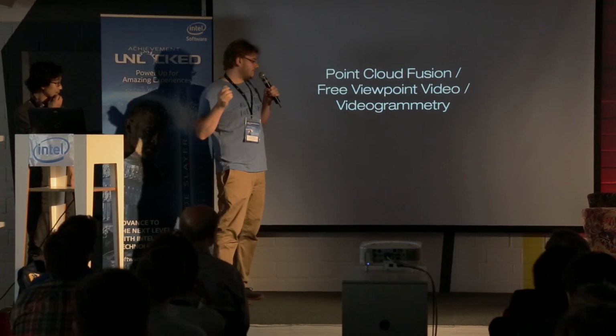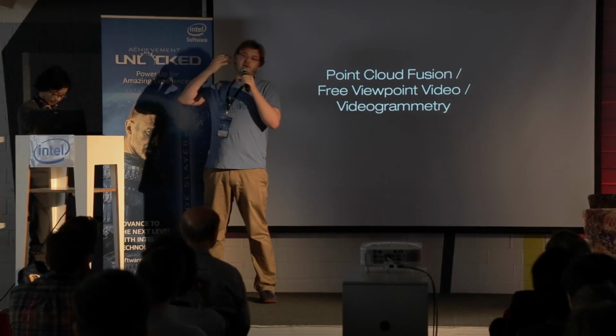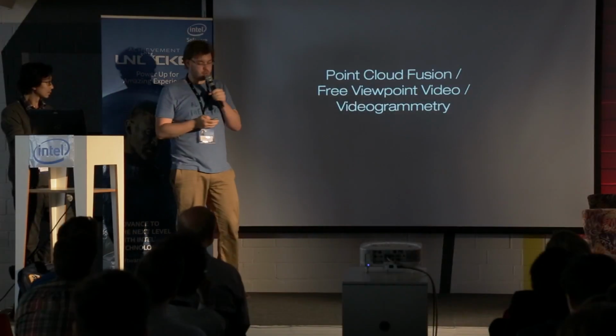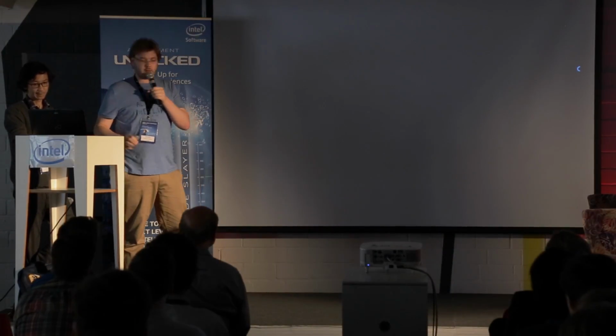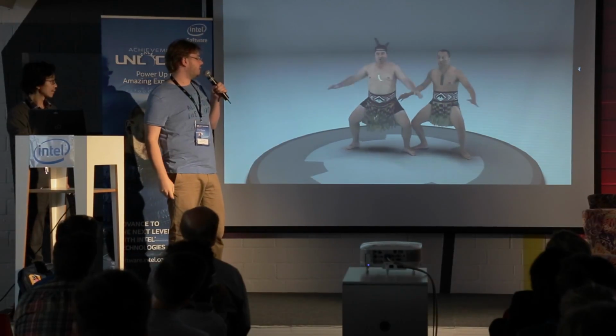And if you want to go one step further and get rid of the 180 degrees that you couldn't see because the camera was just coming from one angle, then you have to go one step further and do something like point cloud fusion or viewpoint video. Microsoft has also done a lot of research recently into that.